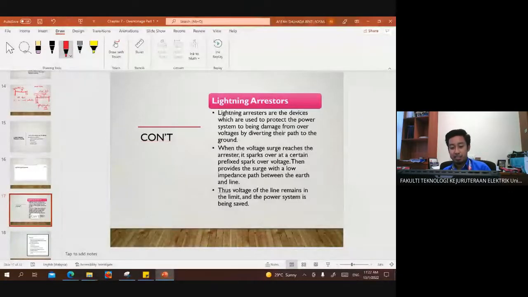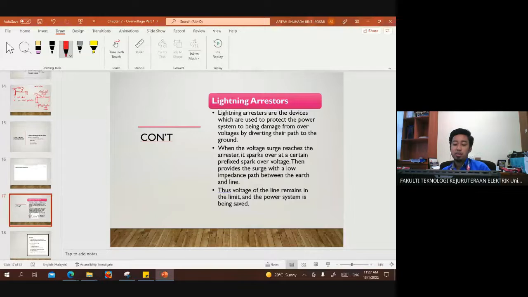Lightning arrestors are devices used to protect the power system from being damaged by overvoltage by diverting the path to the ground. When the voltage surge reaches the arrestor, it sparks over at a certain preset spark over voltage, then provides the surge with a low impedance path between the earth and the line. Thus, the voltage on the line remains limited and the power system is safe.